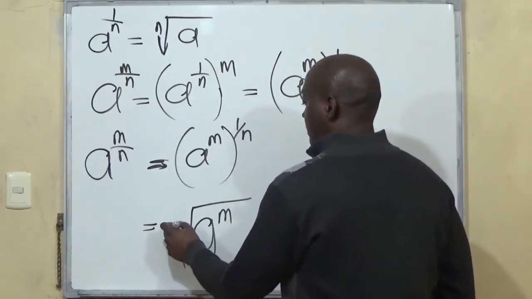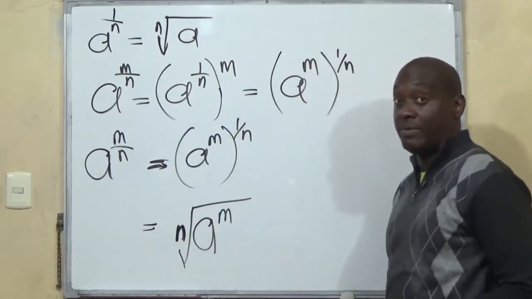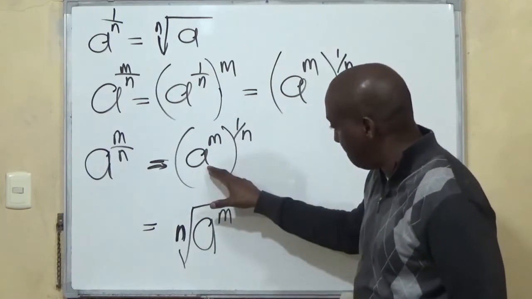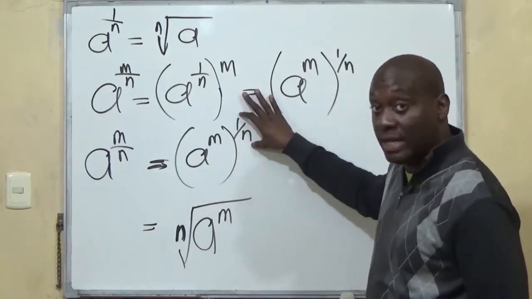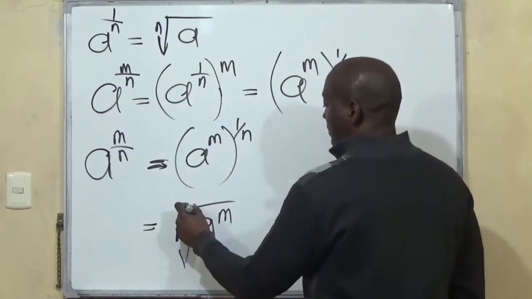So in other words, what you have is the nth root of a to the power of m. That's basically what it is. A to the power of m, and then you find the nth root of that. So this is the form that a lot of textbooks will give it as.